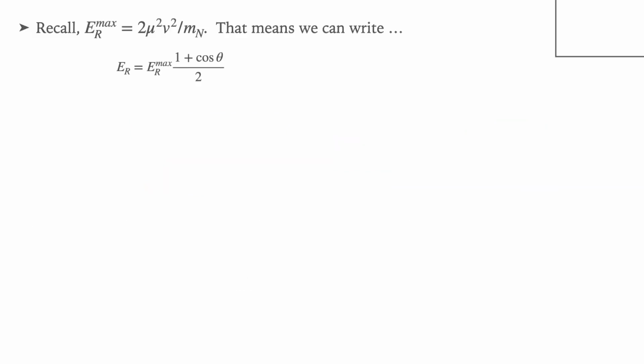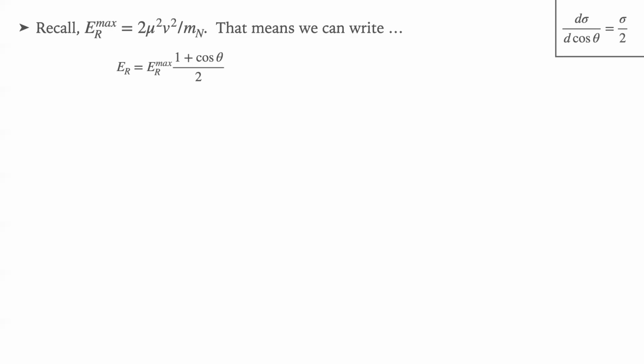If you recall, our maximum recoiling energy we had found to be 2 times our reduced mass squared times velocity squared divided by the mass of the nucleus. So that means that we can write our recoiling energy in terms of the maximum recoiling energy times 1 plus cosine theta divided by 2.